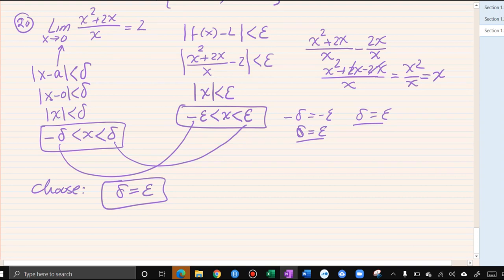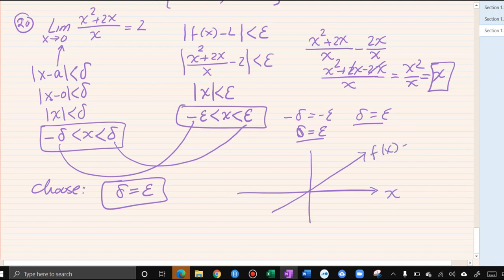The reason it turned out like this is because the function actually ends up being a linear function, right? Now, there's a little technical point, what's going on with the graph. If you graph a linear function, this is x, this is f of x equals x, right? This is what the function is.